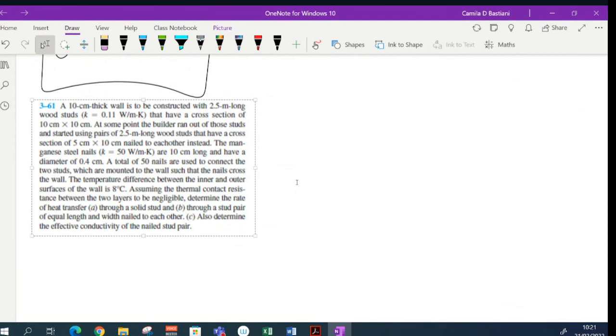Okay. So the next one we're going to be solving is the 3.61, where we have a little bit more involved into this one, and we need to pay attention to understand the problem, okay? Most of the problems with this one is understanding the problem. So I want to build a wall that's 10 centimeters thick.